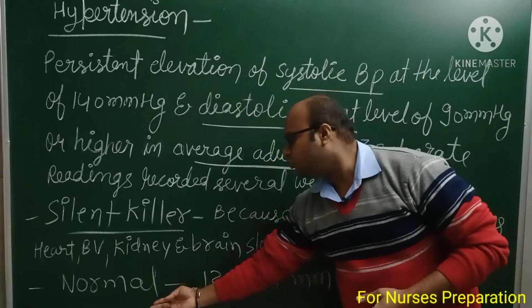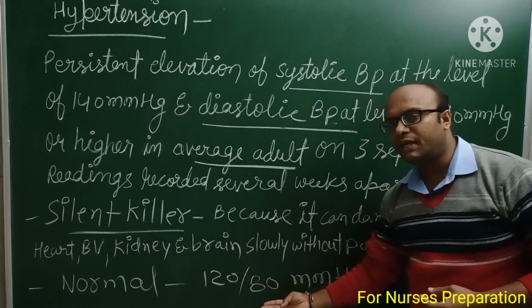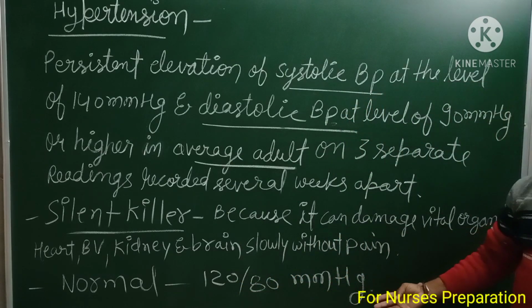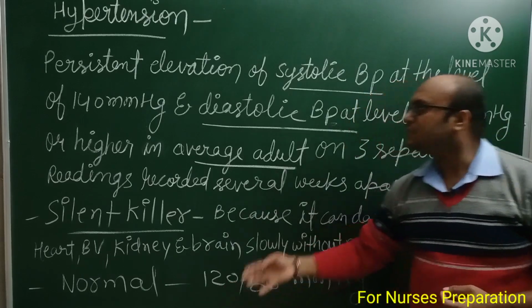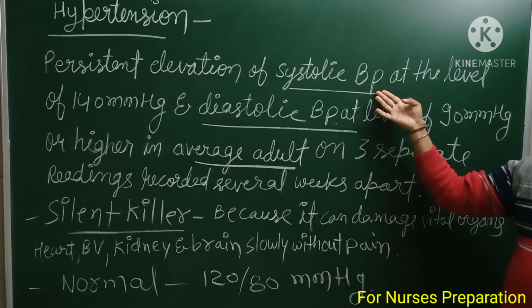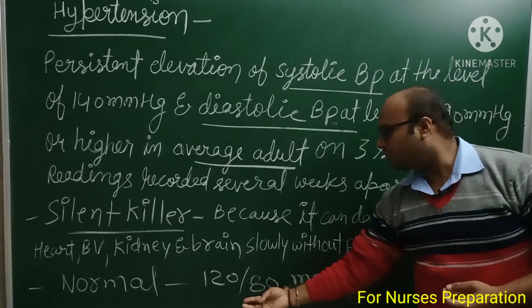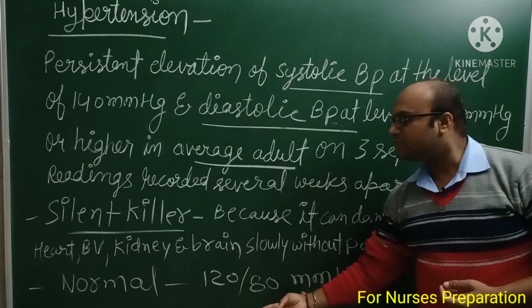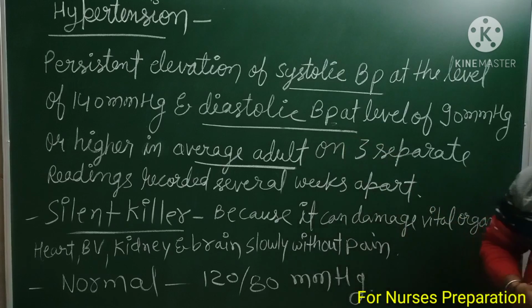In our body, normal blood pressure is 120 by 80 mm of Hg. This 120 value is known as systolic blood pressure, systolic BP or upper BP, and this value 80 is the lower BP or diastolic BP.